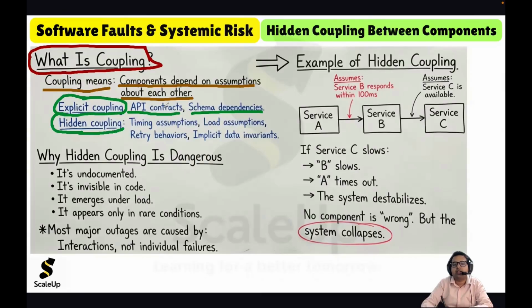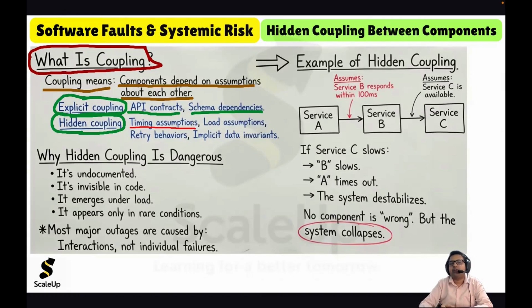And what is hidden coupling? In software systems, between components, there are many assumptions, like timing assumptions. For example, a component depends on another component in a way that it assumes the data fetching component will fetch the data in 5 seconds.